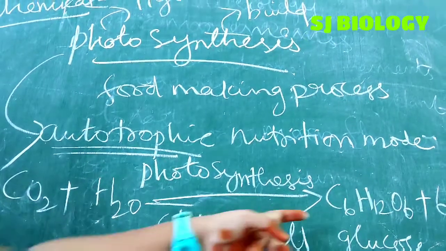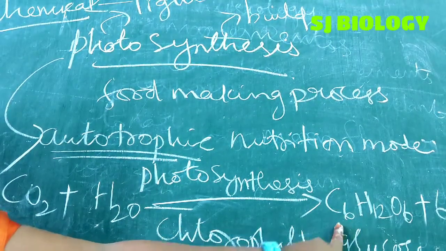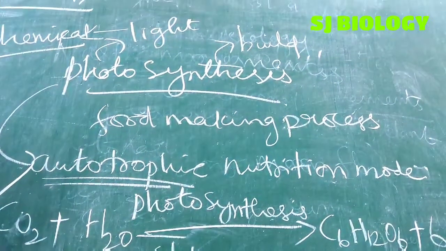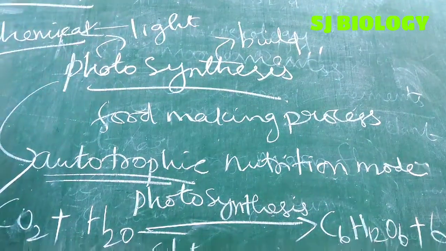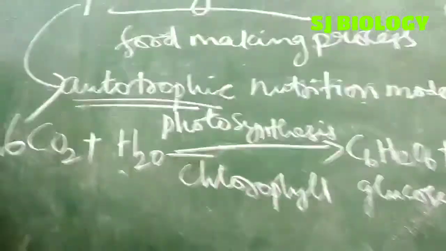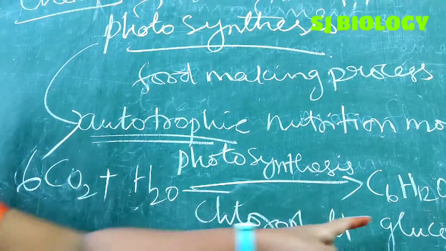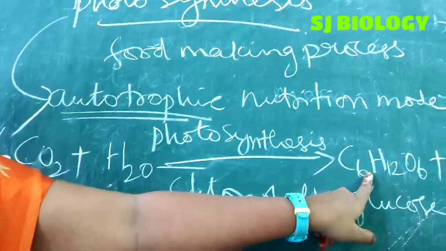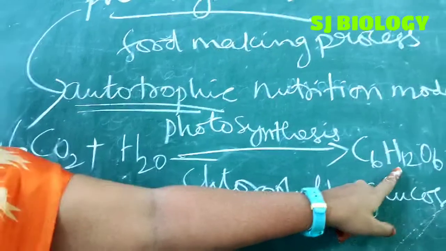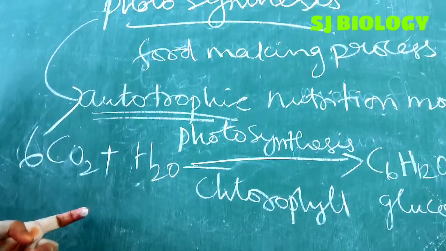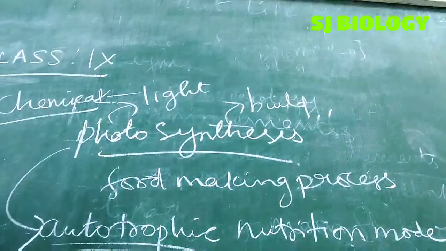CO2. So here C6, no? 6 carbon atoms. So that's why in front we put what? 6. So 6 carbon atoms, we put the 6. Okay, 6 carbon atoms, and then how many hydrogens are present? 12 hydrogens are present. So here 2 hydrogens are present. So that's why we put 6 in front of the water.